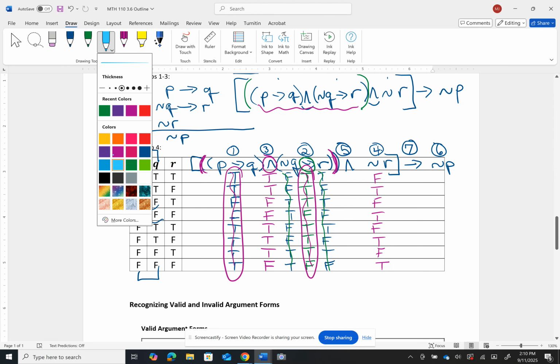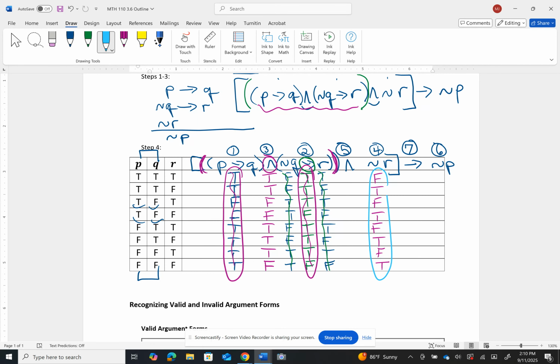So I'm going to take that column, which is the not R, and this, which was the answer to that whole first part. I'm going to work on those two, and they're hooked together again with an AND. So I'm looking at what I have circled in light blue and thinking AND. So that's going to be false, true, true, true.